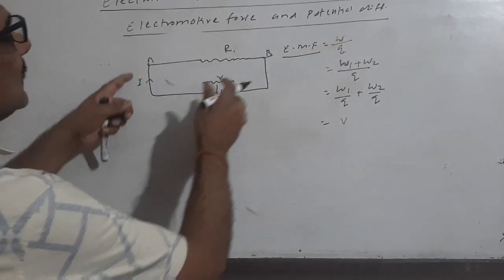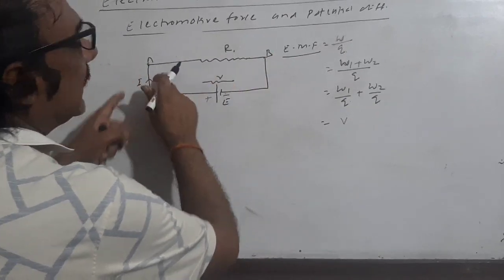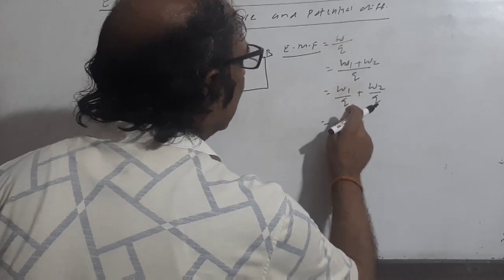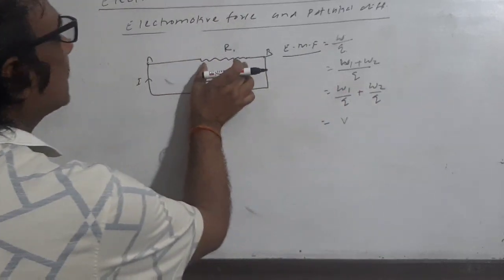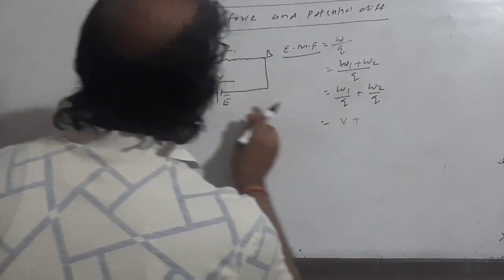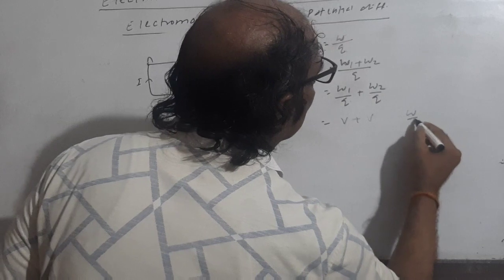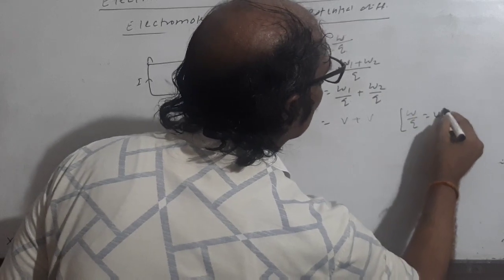And if you consider the work done between two points, this is W1 by Q, the potential difference V across the resistor R, meaning work done by charge equals potential difference.